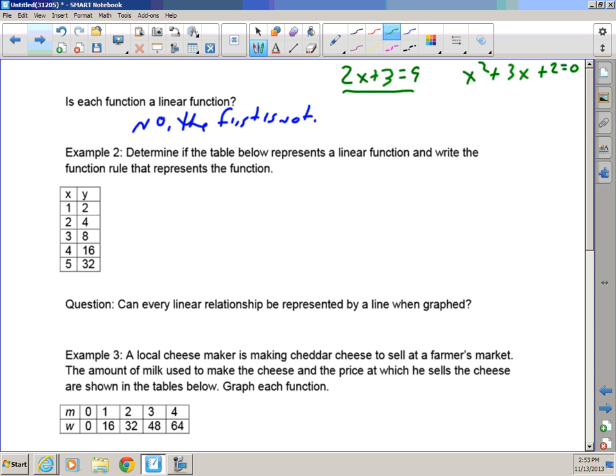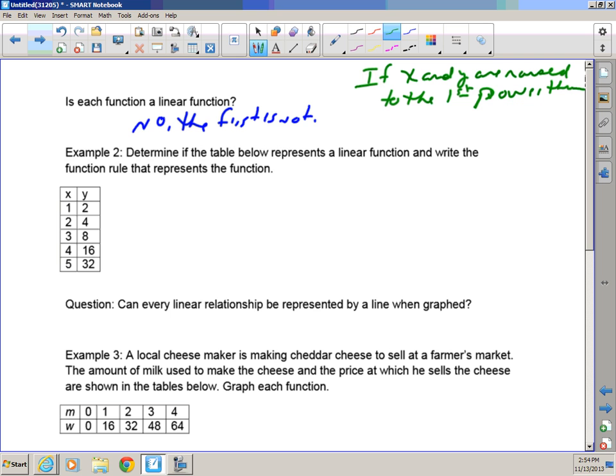This one is linear, this one is quadratic. Well, what makes a linear function in our example, or any example, is that if x and y are raised to the first power, then it is a linear function.